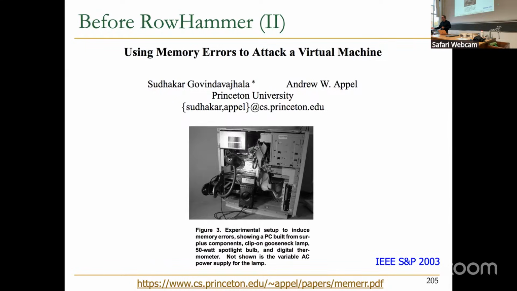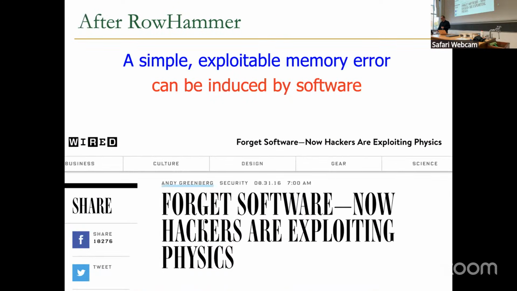It's very similar to the attack that Google developed in 2015 to take over the Google native client, because Google native client is kind of a virtual machine in the end. It's not Java, but it's essentially a virtual machine running Google applications. So people knew that bit flips were bad, but what RowHammer did was replace that lamp with software in a much more reliable way.